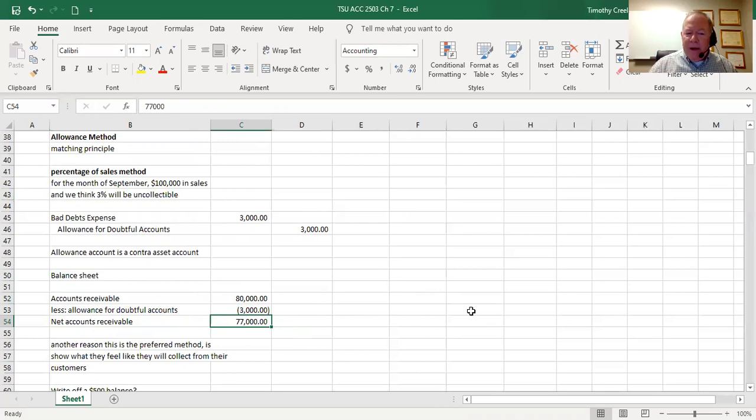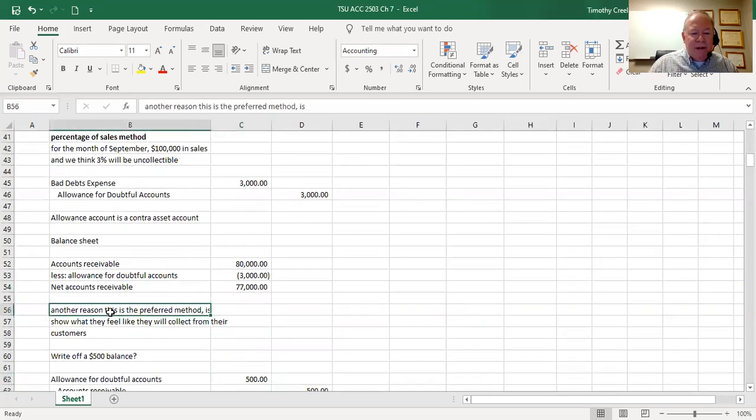So again, it's a better way to show accounts receivable on the balance sheet, and it reflects what companies feel like they will collect from their customers. If you're using the allowance method, percentage of sales is probably the easiest of the methods. There's two other ones that we're going to talk about next.